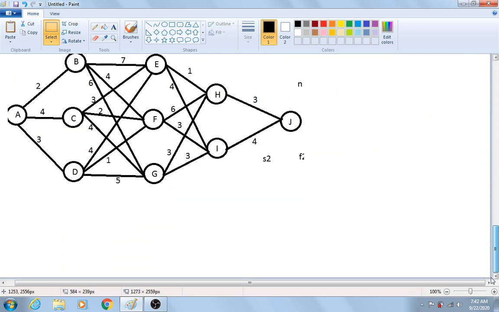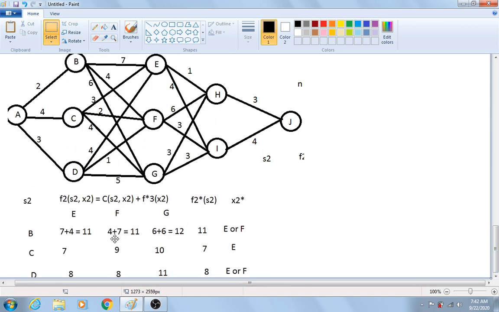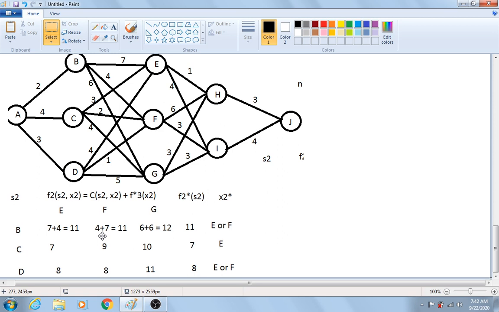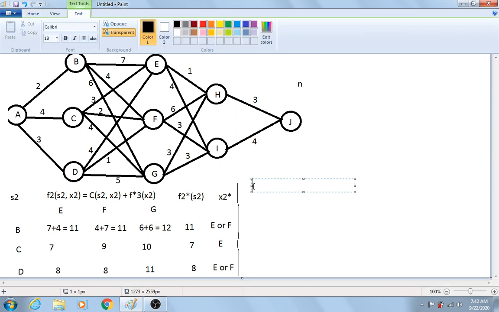Let me see where I can put that. I can put that one over here, and I will put n equal 1 over here. For n equal 1, we'll make a border over here. For n equal 1, we have S1.